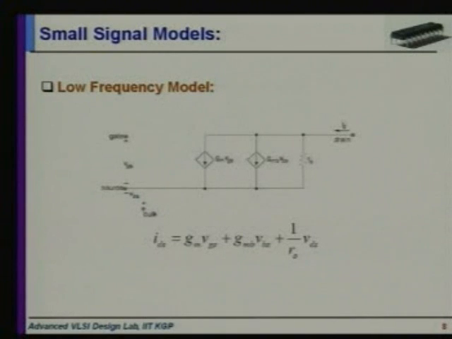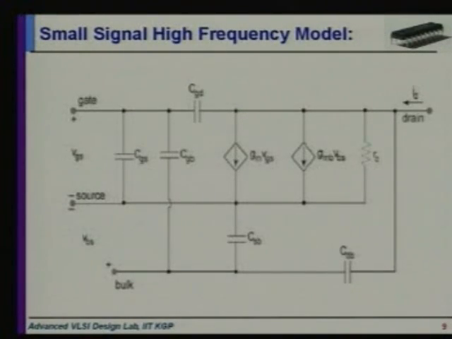For that particular case you see this is the low frequency model where we have neglected all the capacitances, and from this circuit, using KCL, IDS is given by GM VGS plus GMB VBS plus 1 by R naught into VDS, where VGS is nothing but the gate to source voltage.